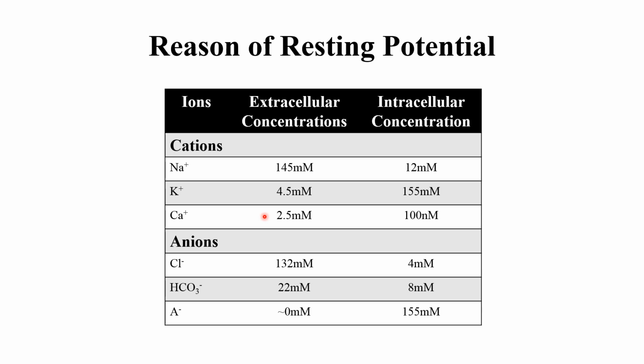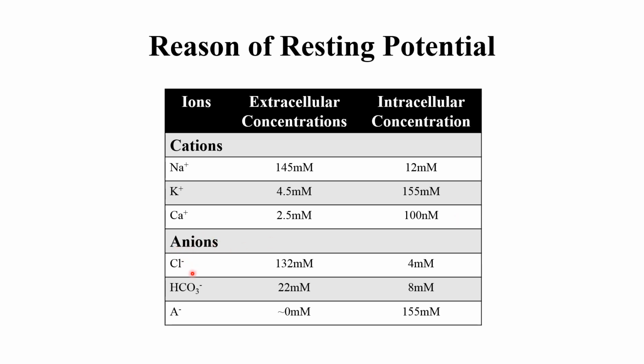Potassium is 4.5 millimole in extracellular fluid and 155 millimole inside the cytoplasm. And then calcium is more in extracellular material than intracellular material. It is 2.5 millimole in extracellular, but in intracellular it is 100 nanomole. It means it is many times less in intracellular material.